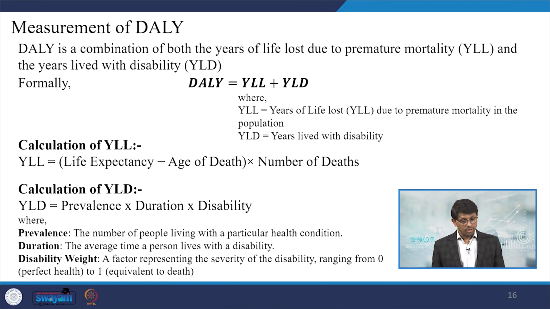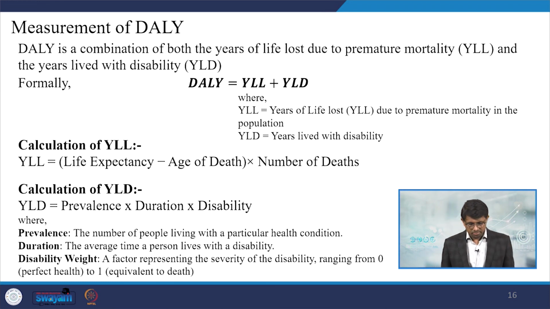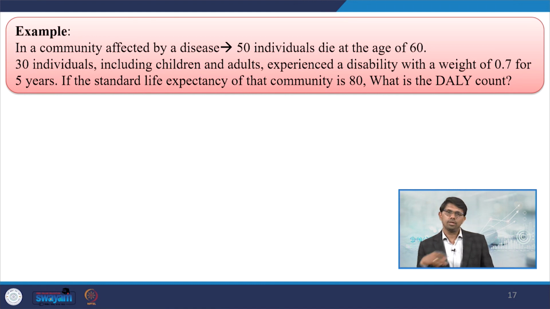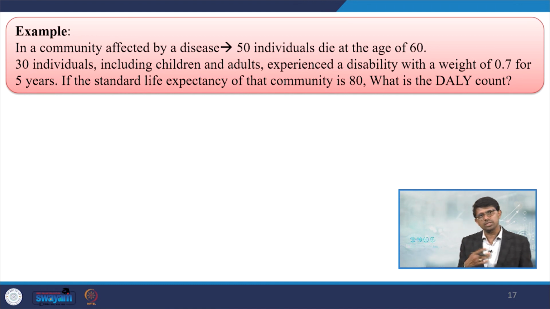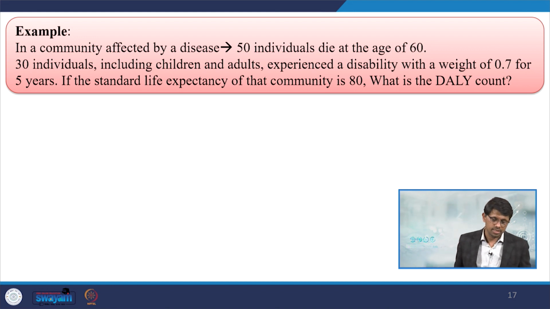Disability weight is also important, a factor representing the severity of the disability, ranging from 0, that is perfect health, to 1, equivalent to death. Here we are taking the notation in reverse to identify the death or disease related aspects.